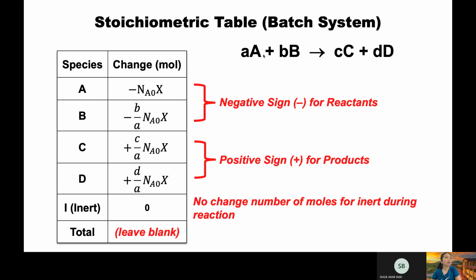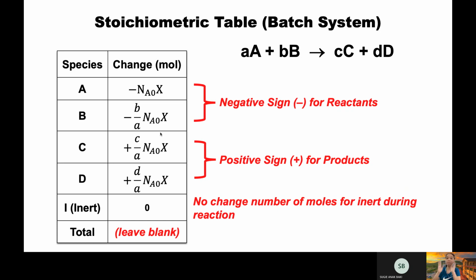So you have to look at your chemical equation. So let's say the A is 1, let's say 1A, 1B reacting, right? So let's say 1A, 1B, maka the B per A jadi 1 per 1. So minus 1 per 1, multiply with NA0, multiply with X again.